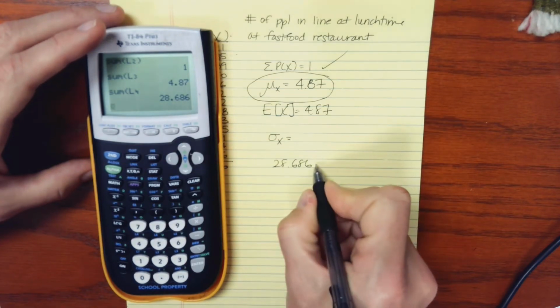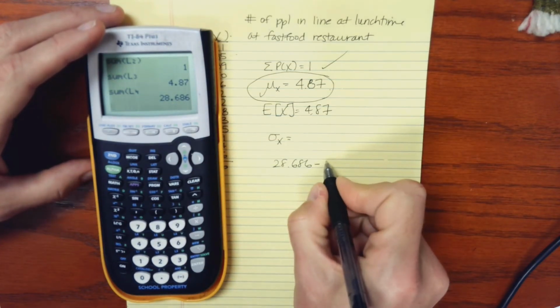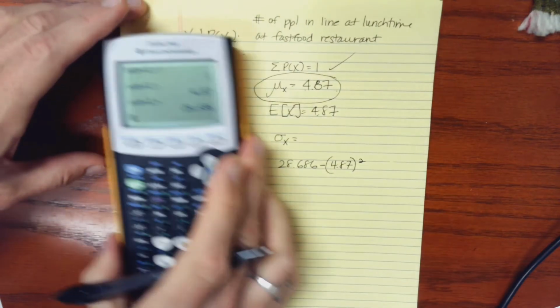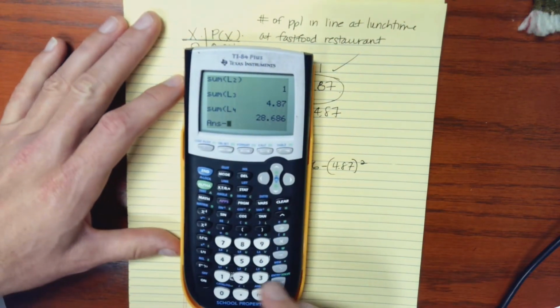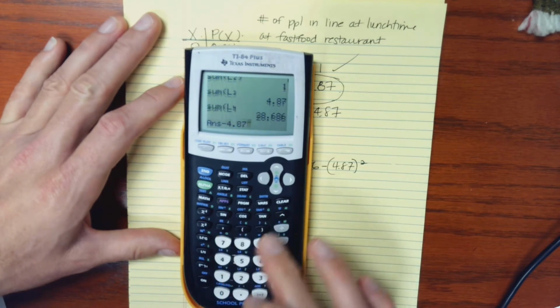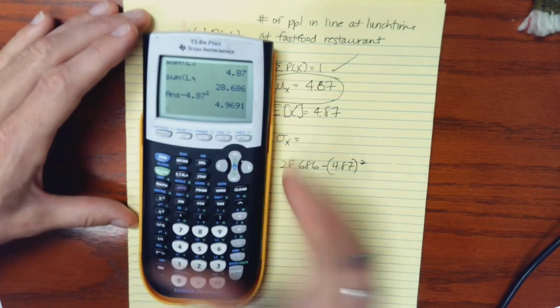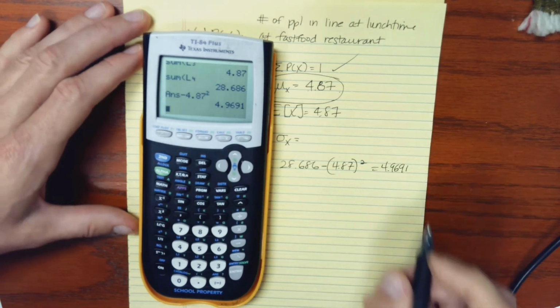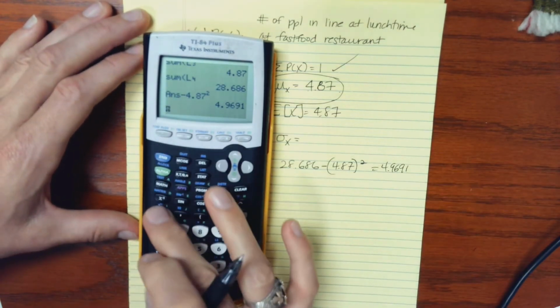So the total for list 4 is 28.686. And remember that I want to subtract from that the square of the mean. So minus 4.87 squared. And that gives me 4.9691. So I'm not finished. I need to take the square root of that result.